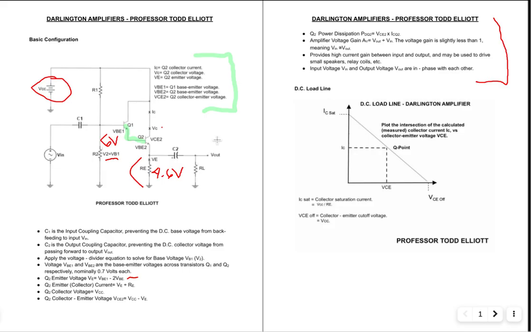So the Q2 power dissipation, PD Q2, is simply VCE2, the voltage collector to emitter, multiplied by the current. Go back to your basic electrical theory. That's one of the power equations.